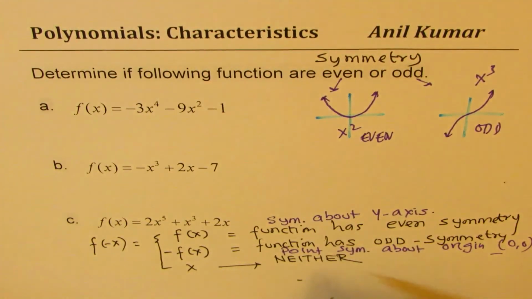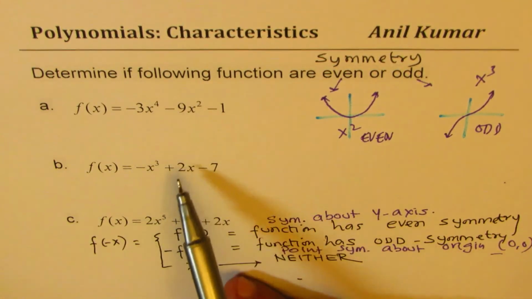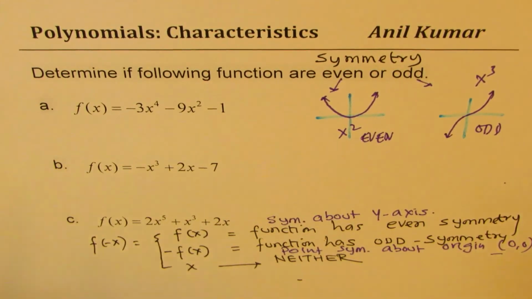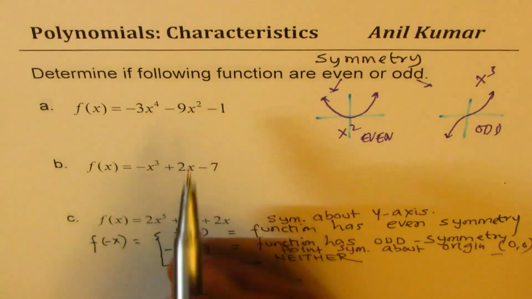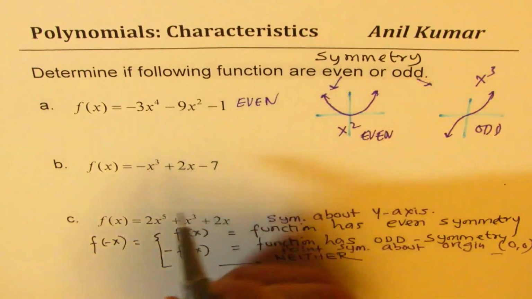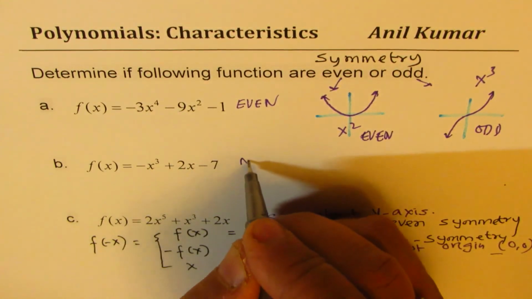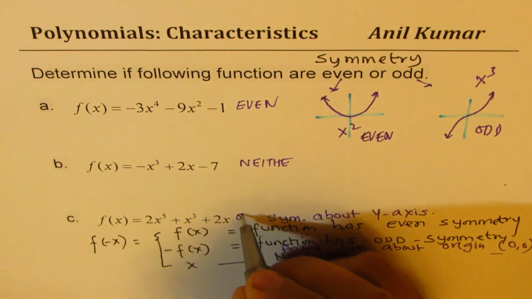So that's a good quick review. Now let's look into these and figure out whether they have even or odd symmetry. If I look at the equation, actually I can write down the answer. From this I know it is even. From this I know it is neither. And from this I know it is odd.